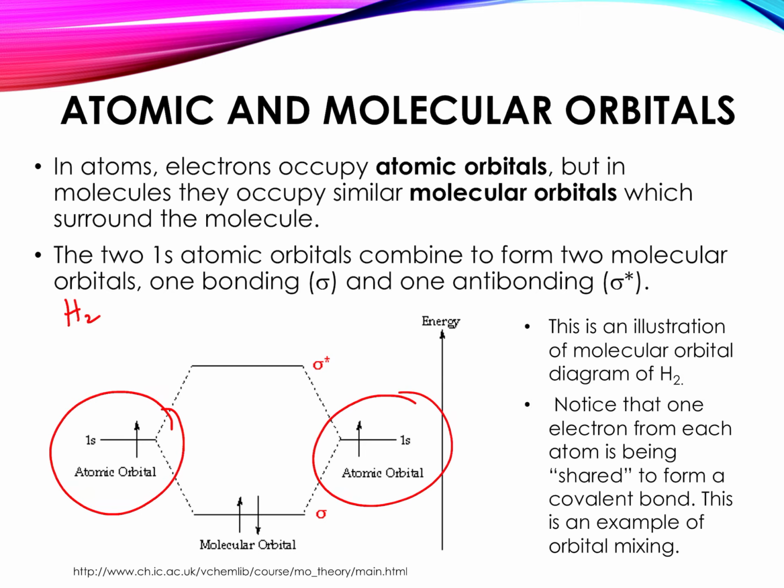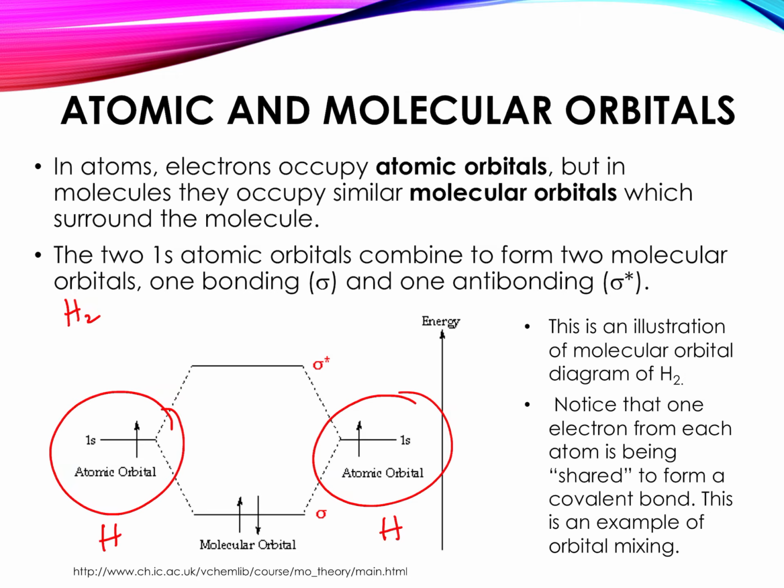So this left side is 1 hydrogen, and the right side is 1 hydrogen. Each of those hydrogens has 1 electron in the 1s orbital. When these atoms combine, they are always going to form 2 types of molecular orbitals. They are going to form a bonding orbital, which is our sigma, and an anti-bonding orbital, which is our sigma star.